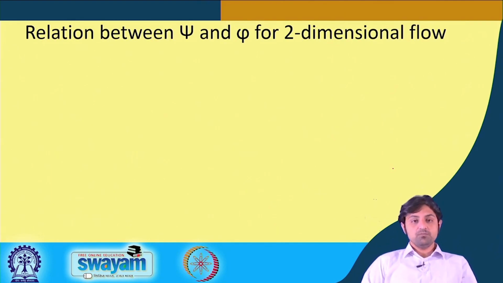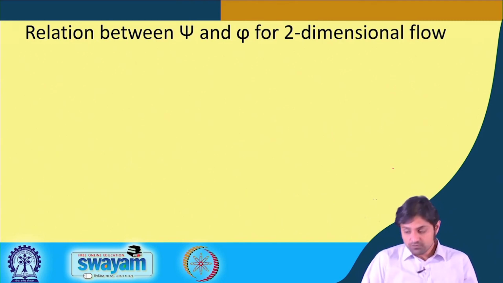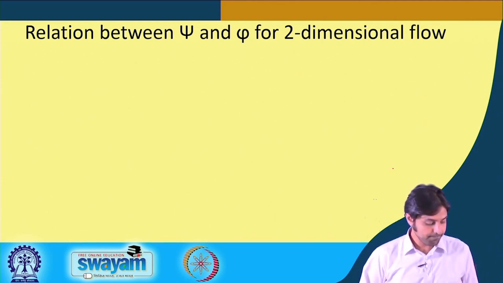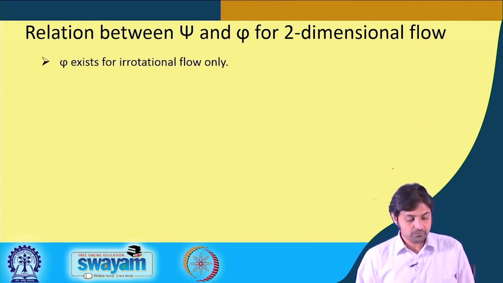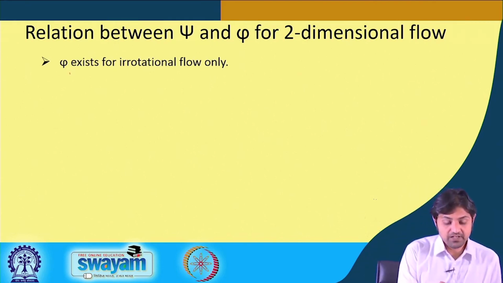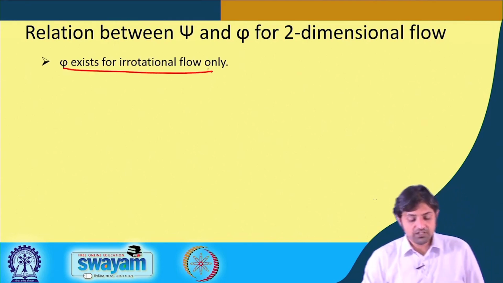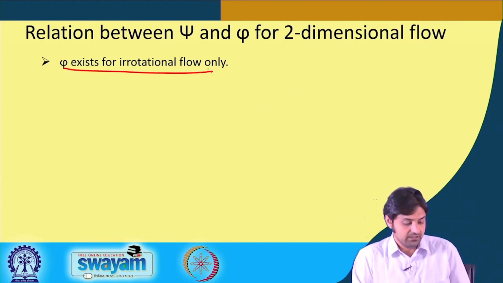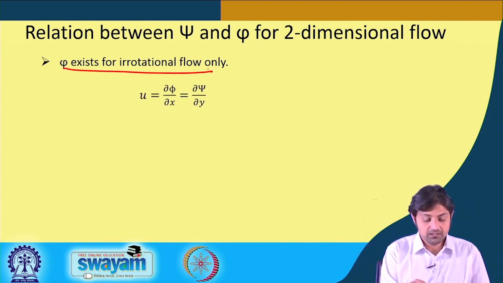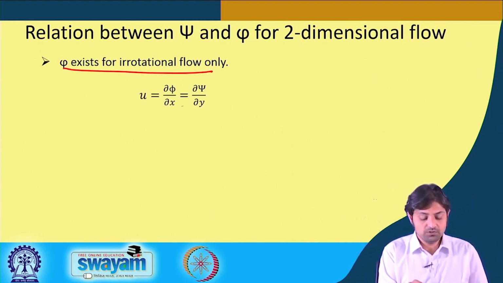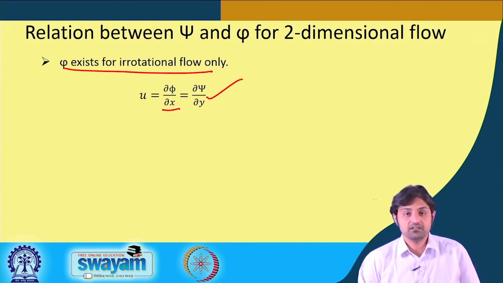Now the relationship between phi and psi for two-dimensional flow. As we have seen, phi exists for an irrotational flow only. Then u is equal to del phi by del x, velocity potential, which is equal to del psi by del y.